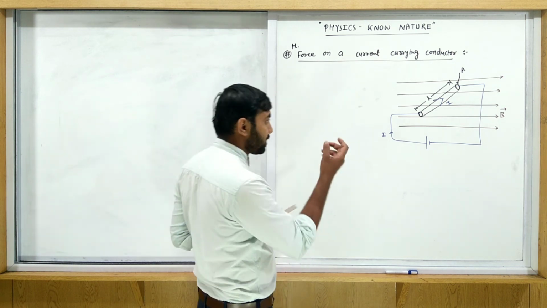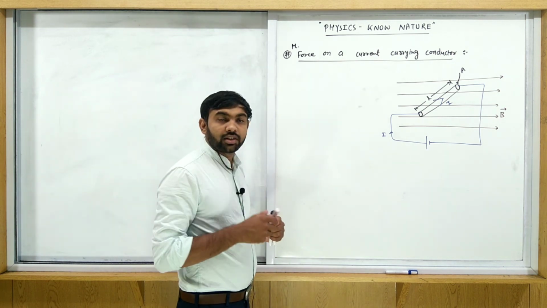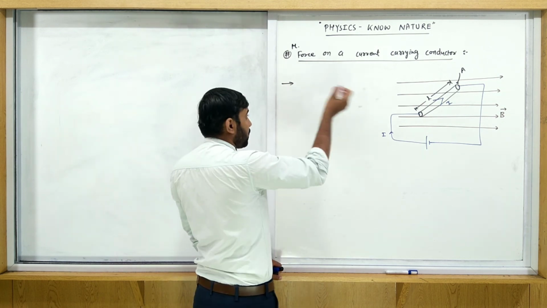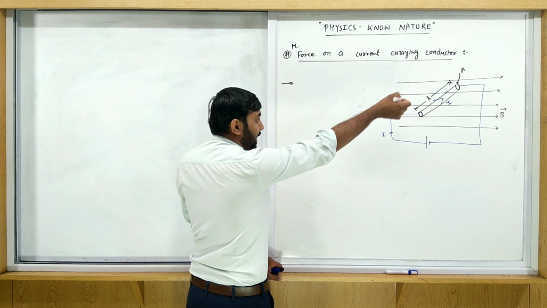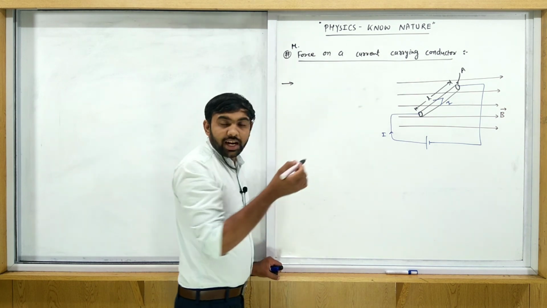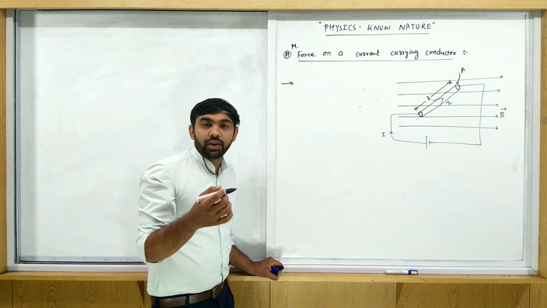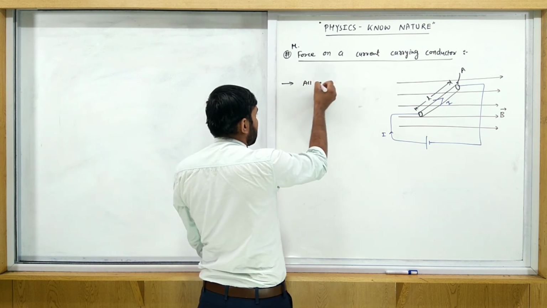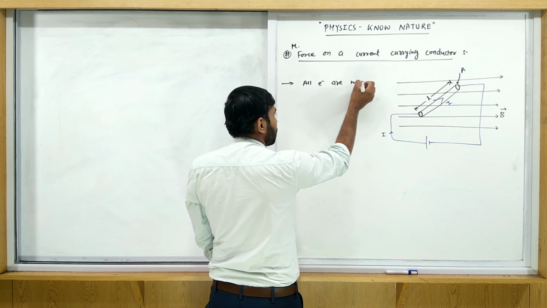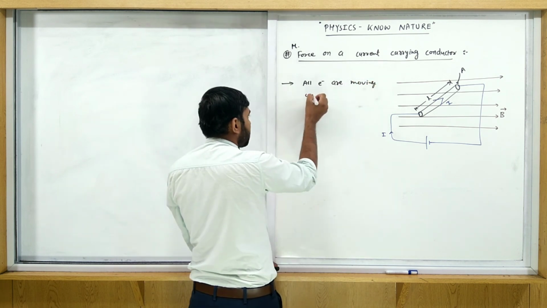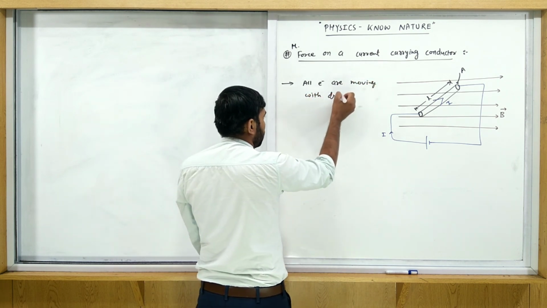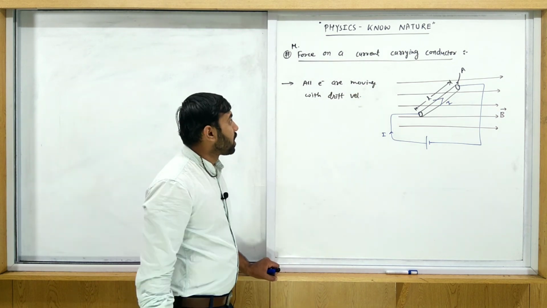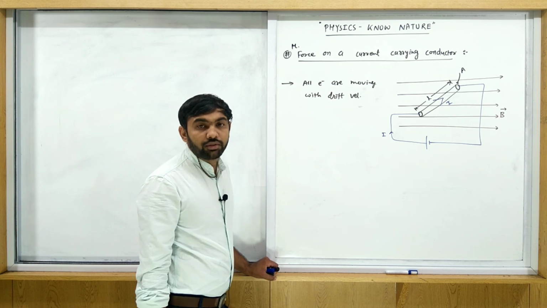So first we find the number of electrons inside this conductor, and the total charge inside the conductor. Current passing through the conductor means the electrons are moving with the drift velocity. Here we consider all electrons moving with the drift velocity.